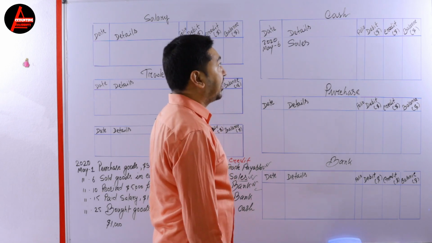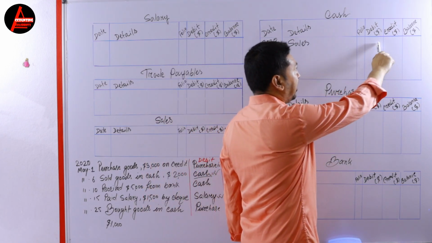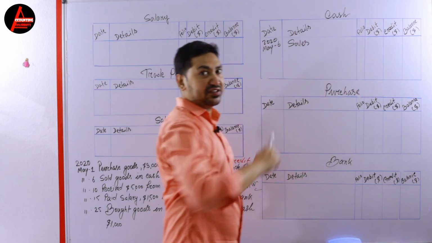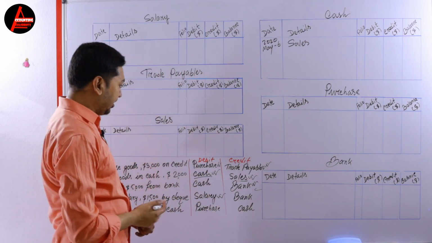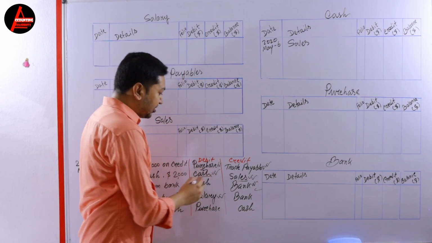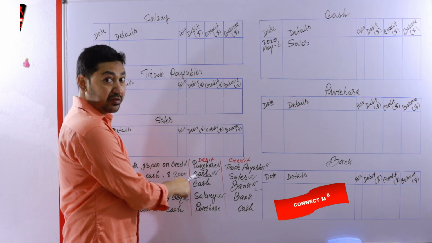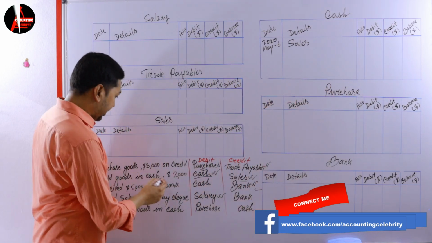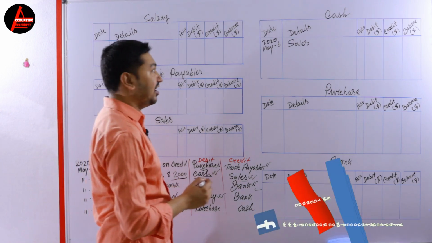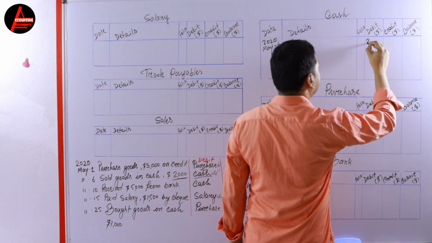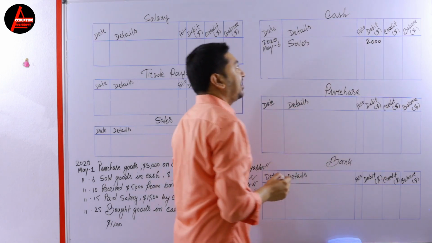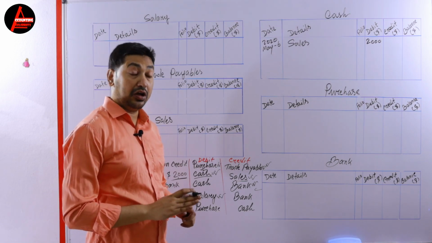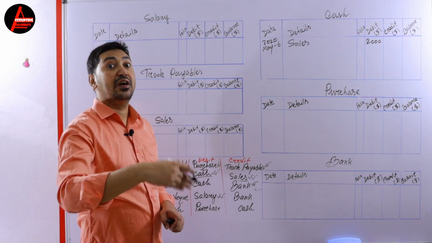Now here are 3 columns: debit, credit and balance. Where to write this money, in the debit column or the credit column? Look at the transaction. We are doing the cash ledger, and cash is debited, so we need to write the money in the debit column. How much? It is $2,000. Whatever value you have in the debit and credit column will go in the balance column.